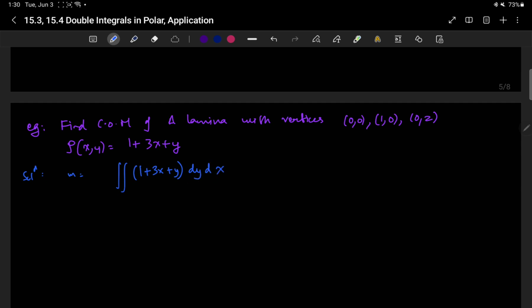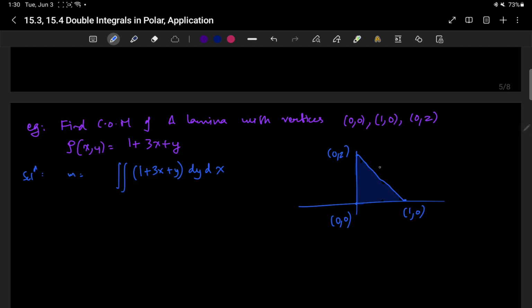Now we don't have the equation, which means we have to find out where this is located. So we have (0,0), (1,0), and (0,2). So we have a triangle here, and it has some mass, made up of some material, and the density of that material changes with different values of x and y. So for example, at (0,0), the density is 1, things like that.